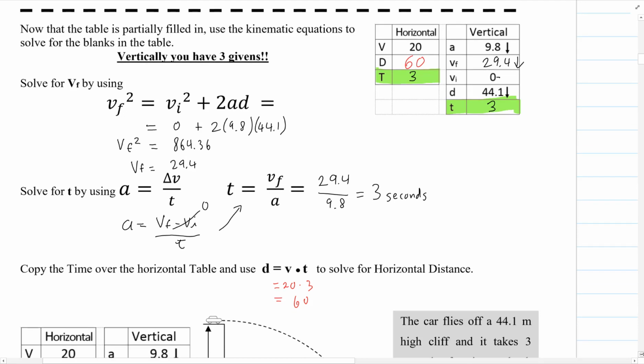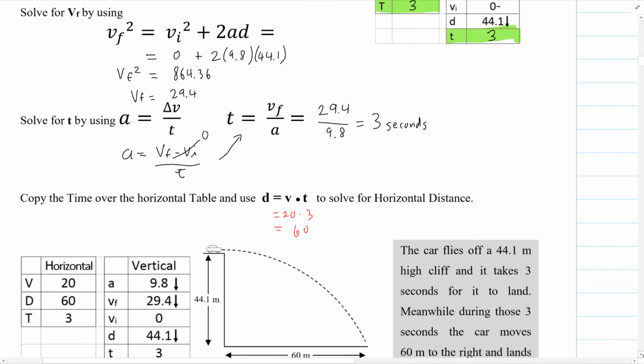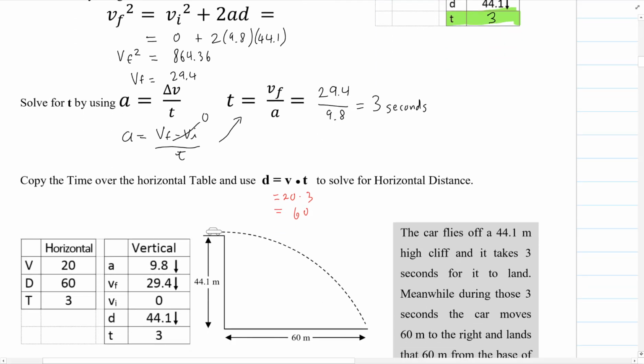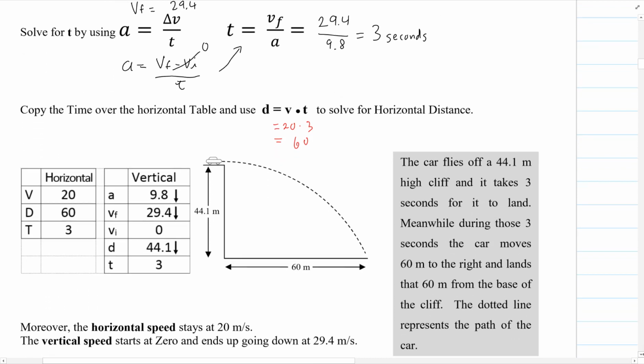So let's just recap what we've learned, and where does it all plug in? A car flies off, this is the original question, a 44.1 meter high cliff, and it takes 3 seconds to land. Meanwhile, during those 3 seconds, the car moves horizontally 60 meters to the right.